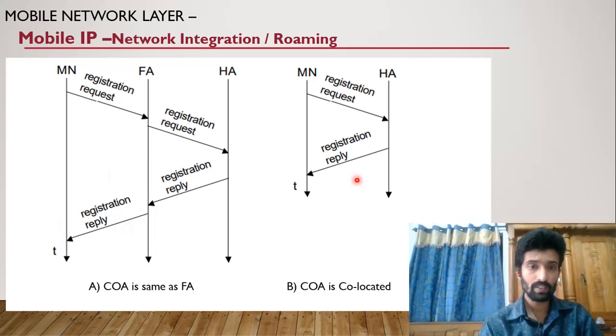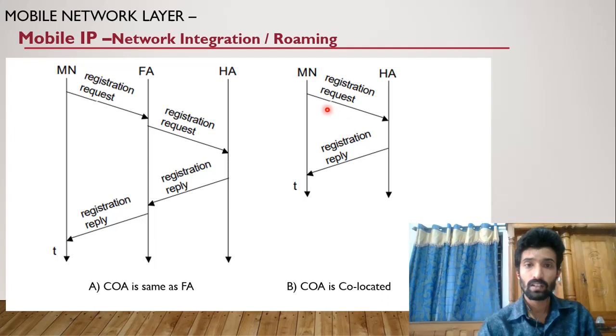Now we will see the other scenario, where in some cases the foreign agent will give a public IP to the mobile node, that is, a publicly visible address. That means the outside world can directly communicate with the MN without the involvement of the foreign agent.